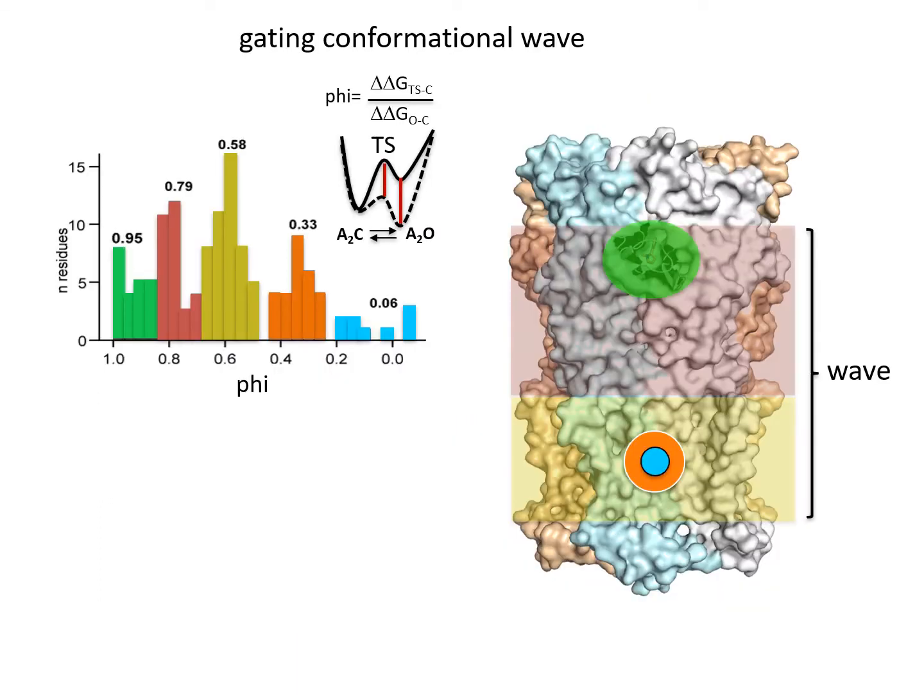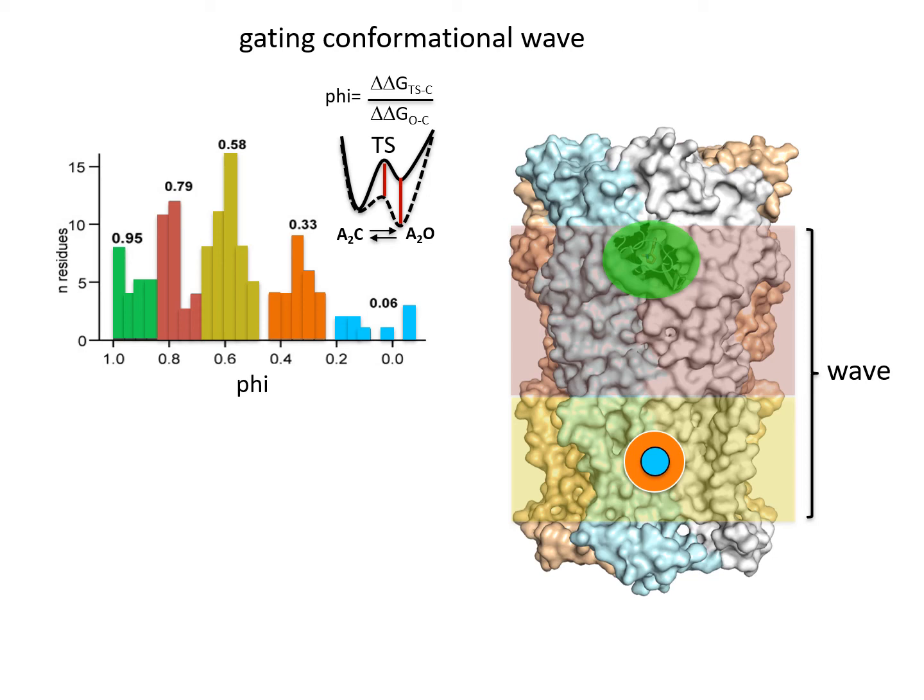This comes from a large series of experiments that we carried out in the first decade of the 21st century, in which we measured thousands of mutations. If you measure the effect of a mutation on the rate and equilibrium constant for gating, that relationship is called phi.